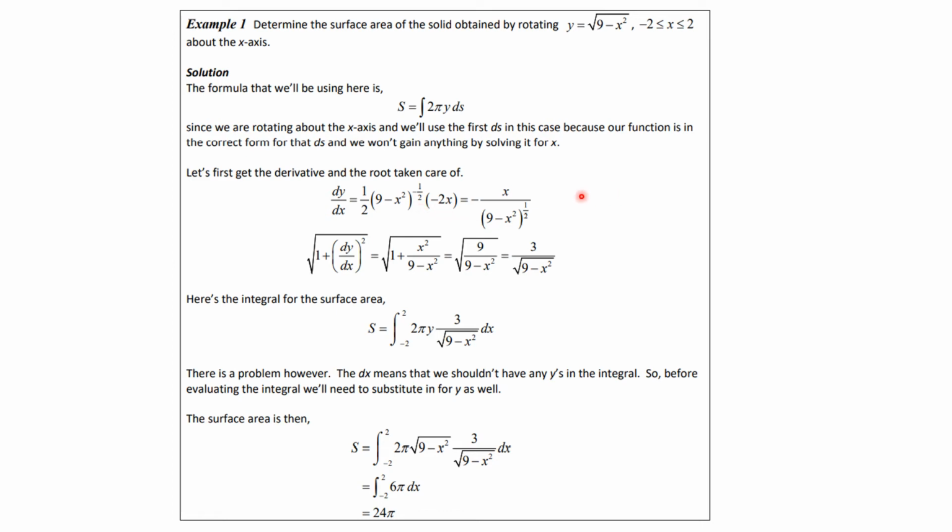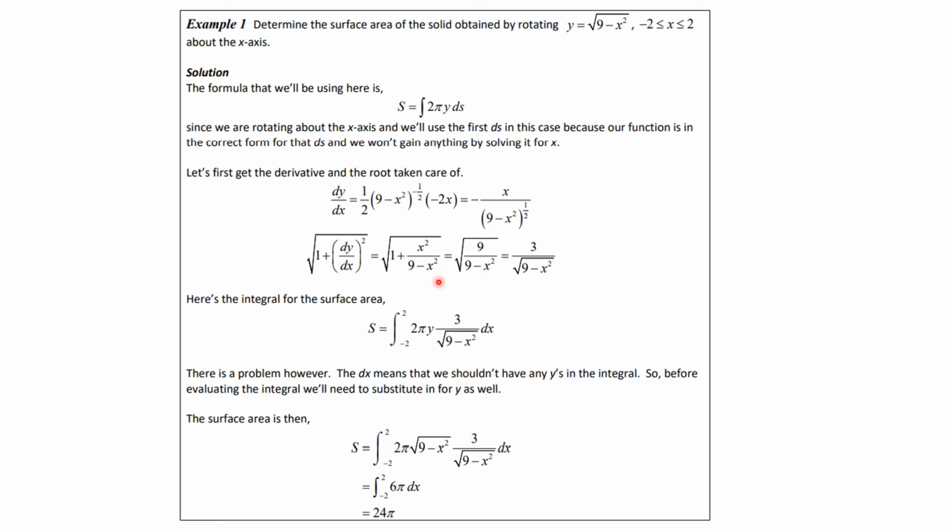And if I simplify that, I get this expression. Now remember, we're going to square dy/dx. So when I square it, I lose the minus sign, and I also lose the square root. And so what I get, under the square root, is 1 plus x squared over 9 minus x squared.